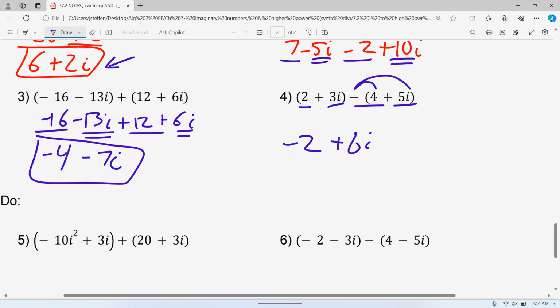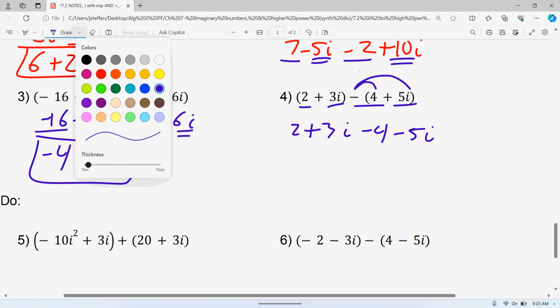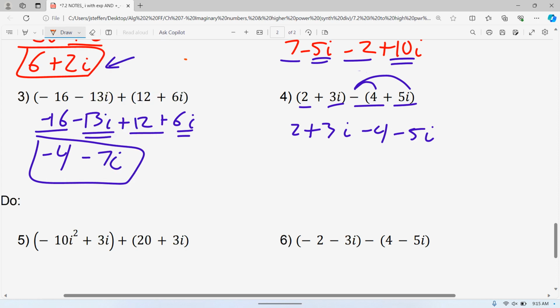Instead, we have 2 plus 3i minus 4 minus 5i. Now you can go ahead and combine your like terms. 3i minus 5i is negative 2i. You've got to leave it like that. Again, you can't combine your i's and your numbers.